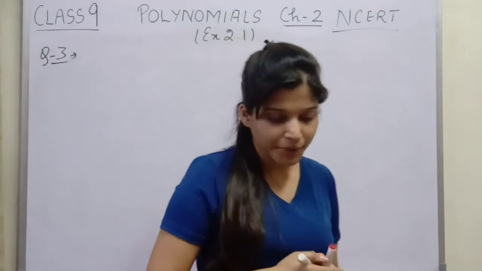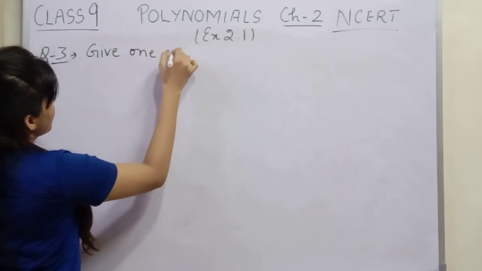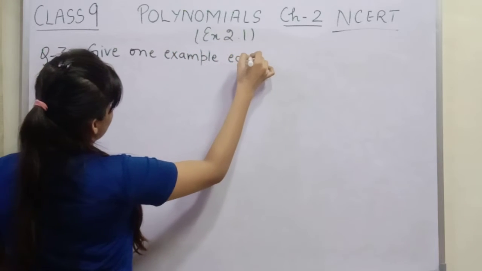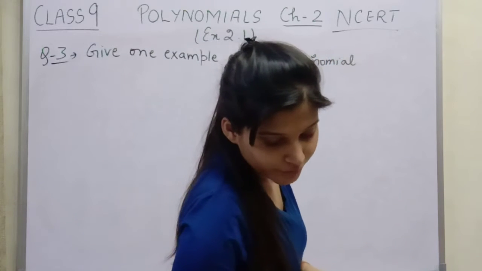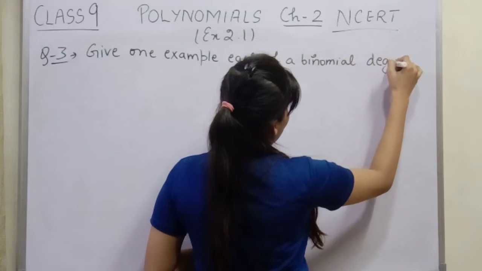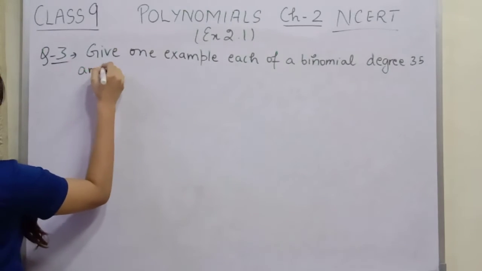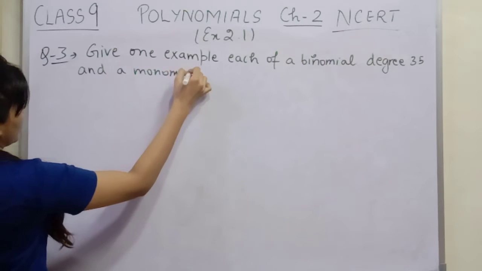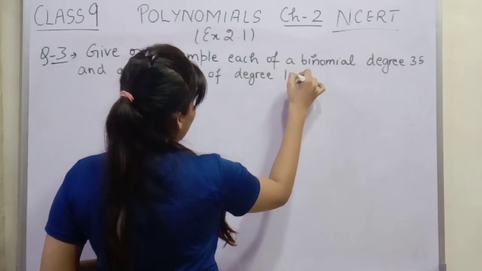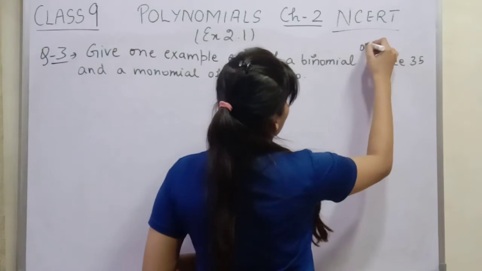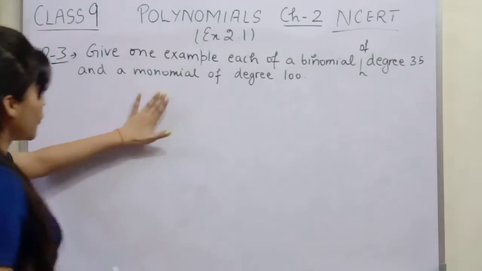Question number 3 of exercise 2.1 says, give one example each of a binomial of degree 35 and a monomial of degree 100.